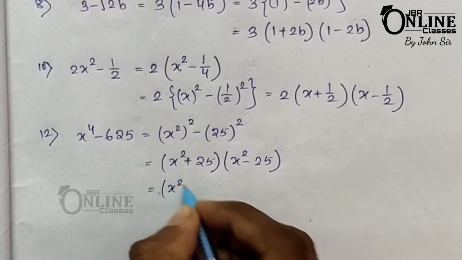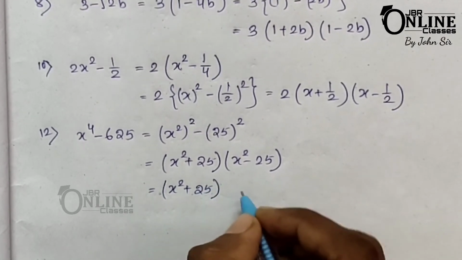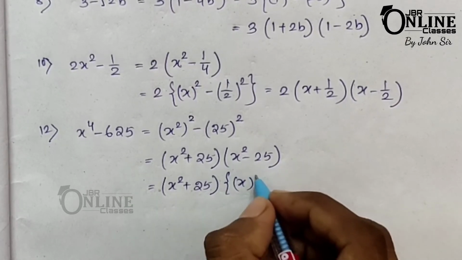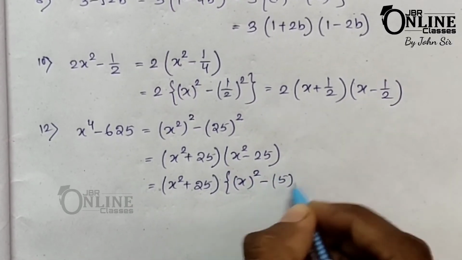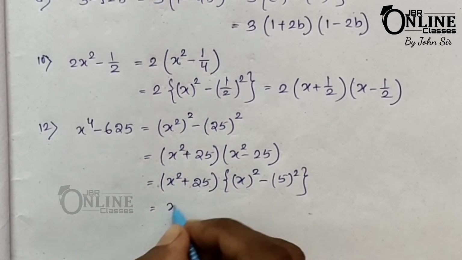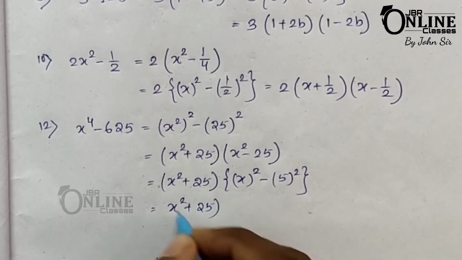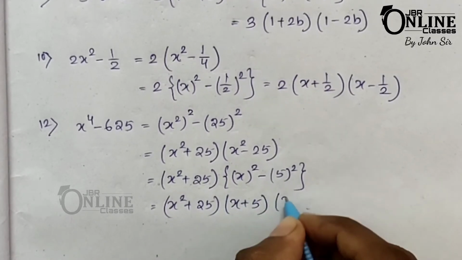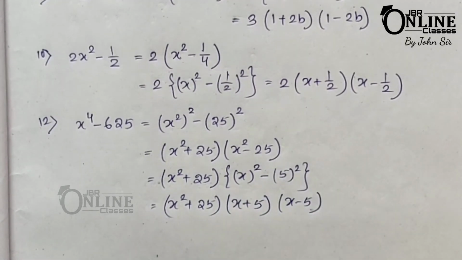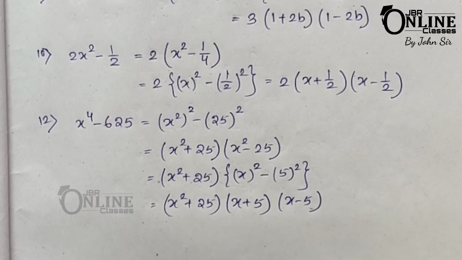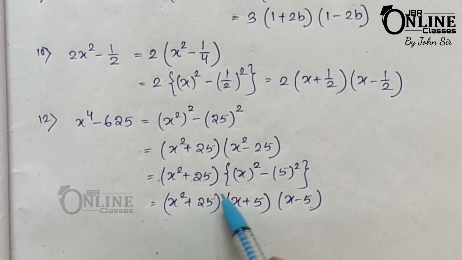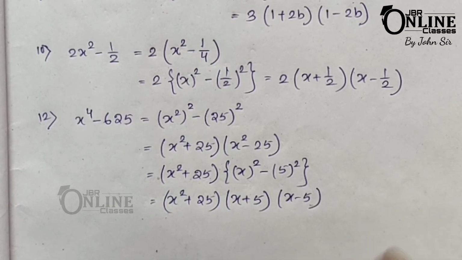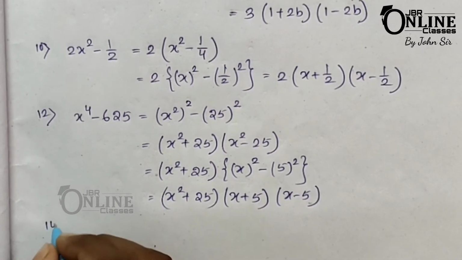Now there will be no change in the first factor, x square plus 25, but there will be change in the next factor, as you can write x square as x whole square and 25 as 5 square. So now again you can apply the formula a square minus b square. So it will be x plus 5 into x minus 5. Okay, that means each and every time you have to factorize the factor as much as possible.